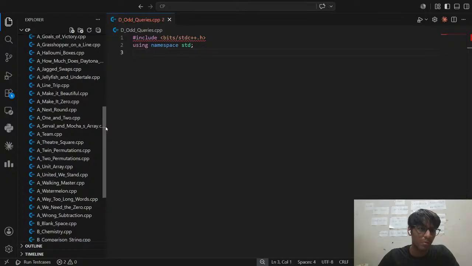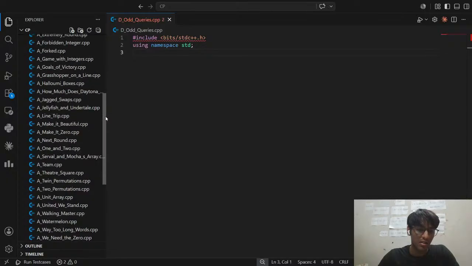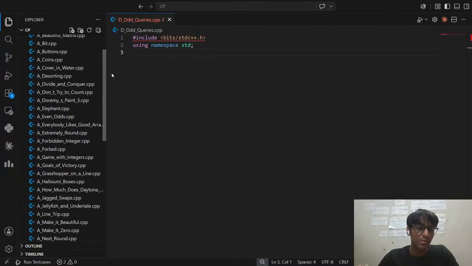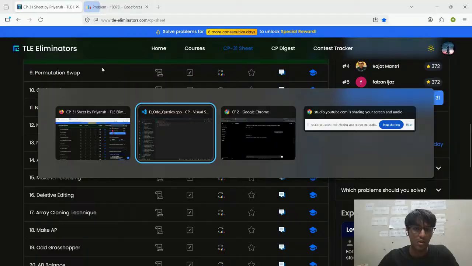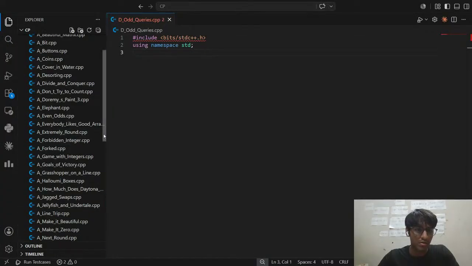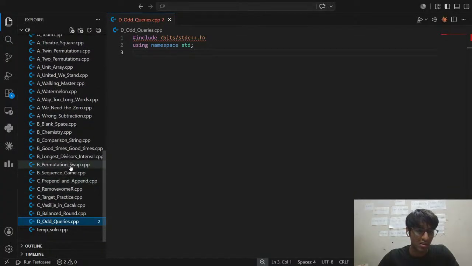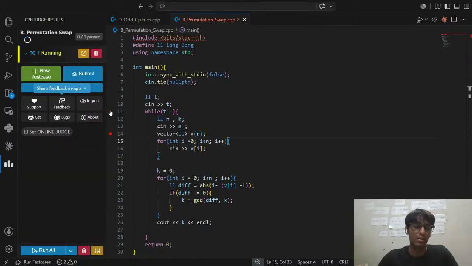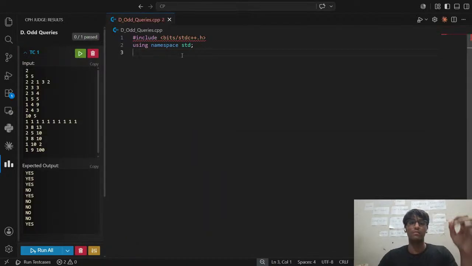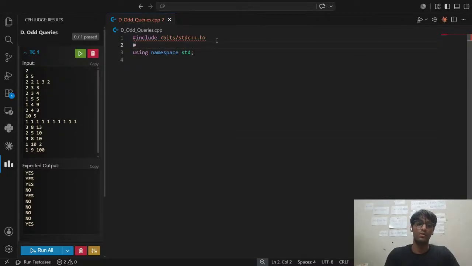What was the problem statement? I will try to remember. The previous problem statement was called permutation swap, so it should start by P. And I'm just once more checking that this is working, right? Yeah, I would have been really annoyed if I had wasted all this time for nothing once again.